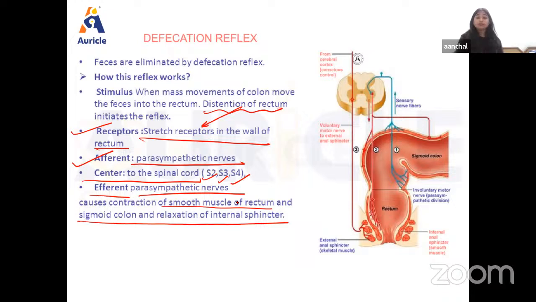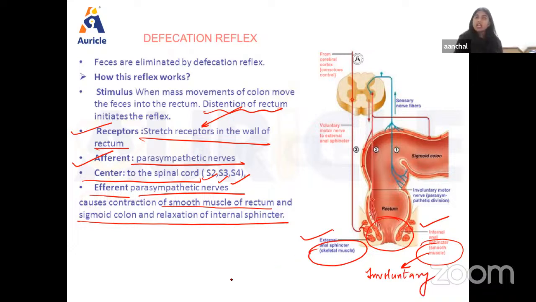Now, as we know, there are two sphincters: the first is the internal anal sphincter and the second is the external anal sphincter. The internal anal sphincter is made up of smooth muscle fiber, so it is involuntary in nature, and the external anal sphincter is made up of skeletal muscle fiber, so it is voluntary in nature.